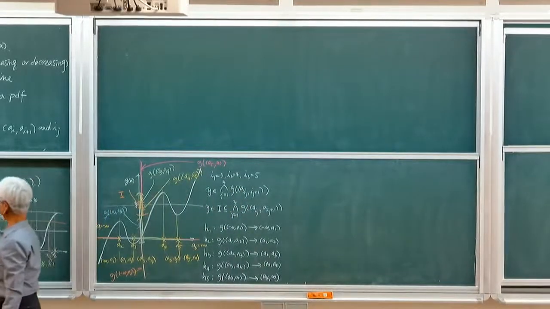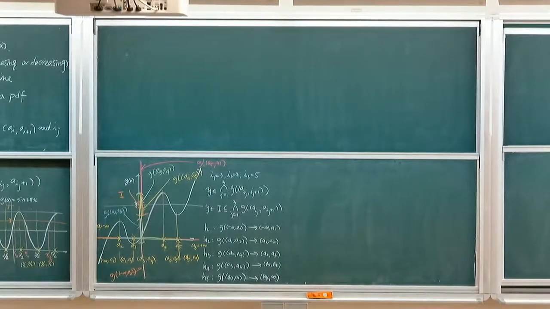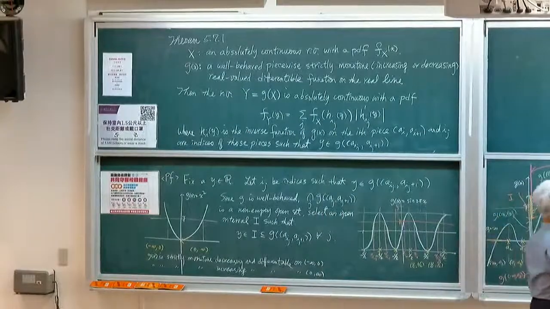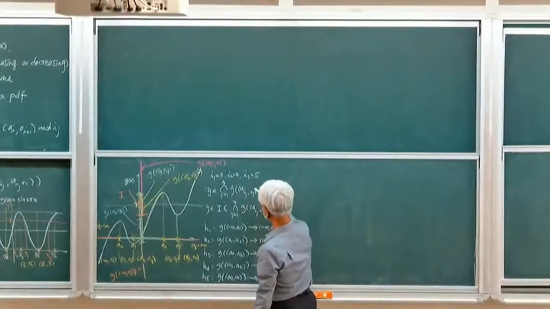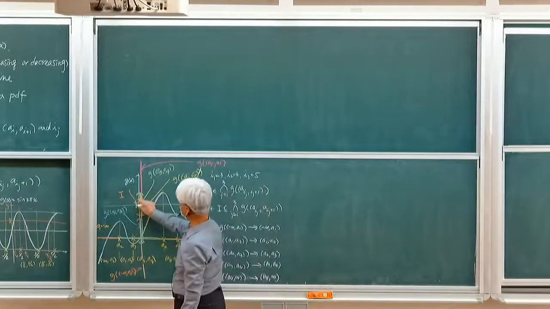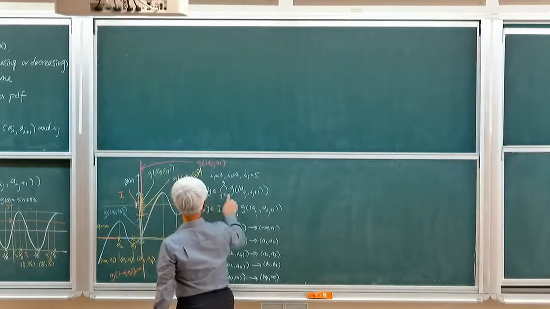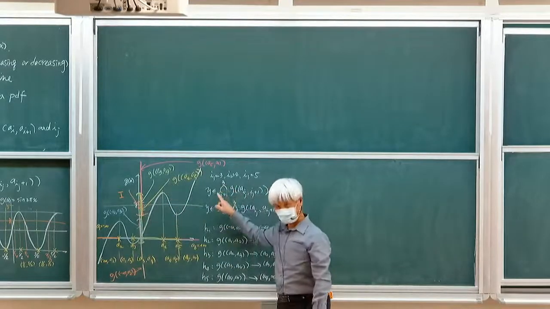Okay, so these are examples. We just choose an interval inside this intersection.